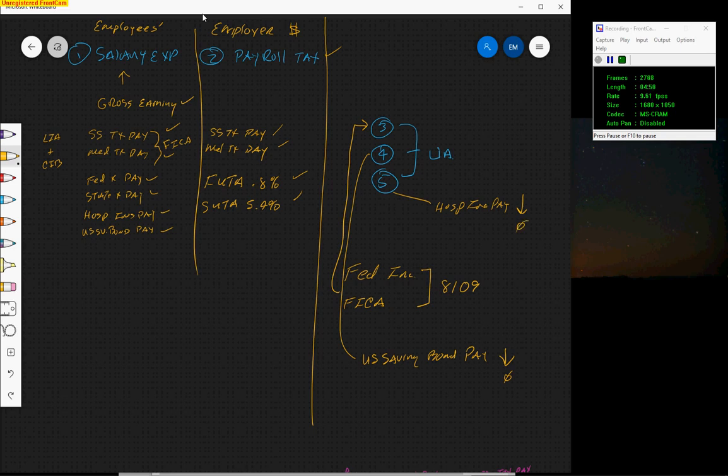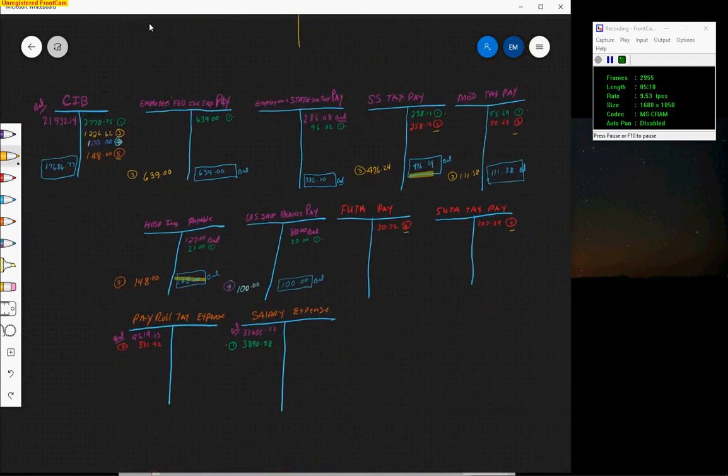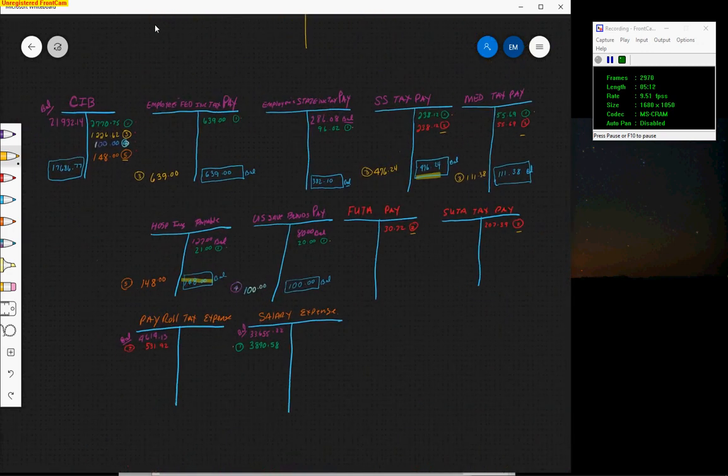So these all wind up with a 0 balance, and just do it by the numbers. One line, one transaction, working from left to right. Journalize, post. Journalize, post.